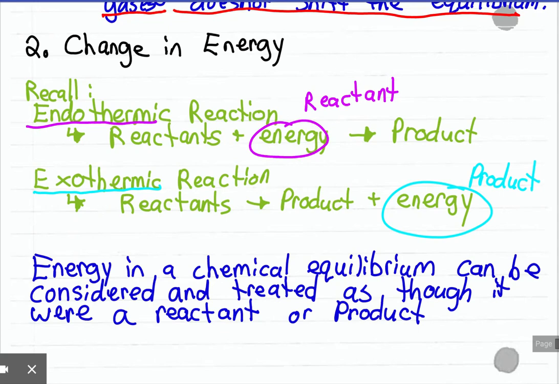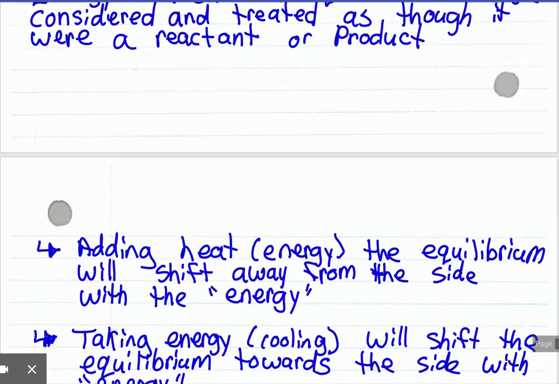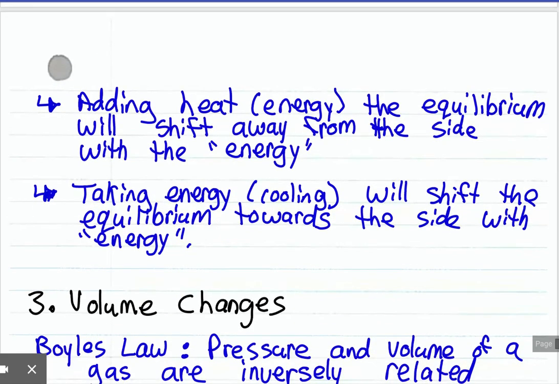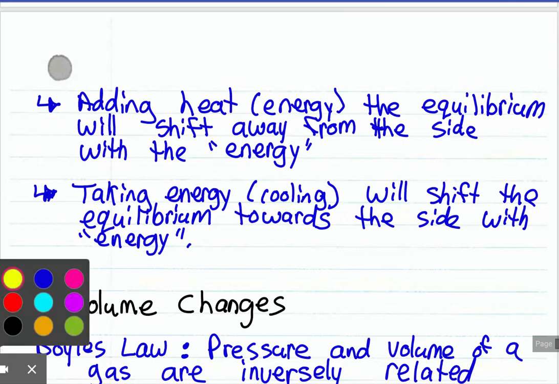When we have our exothermic reaction, we want to think about the energy as a product. It's being produced. So when we are thinking about a chemical system in equilibrium, we can consider energy as though it were a reactant or a product. If we add heat, it shifts away from the side with the energy.